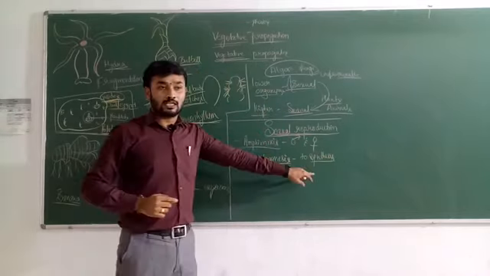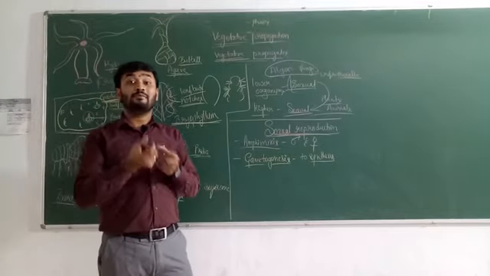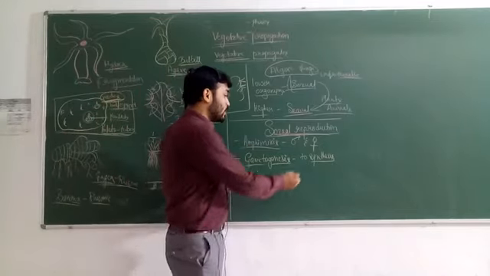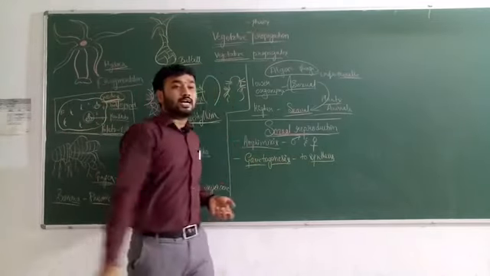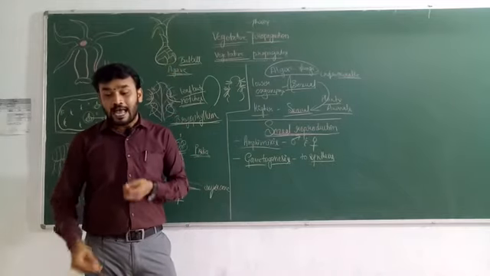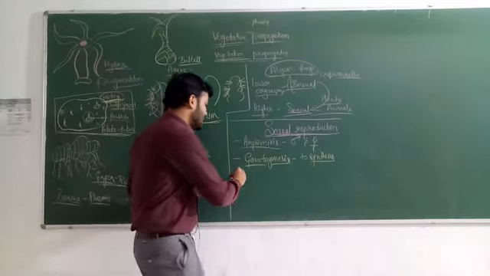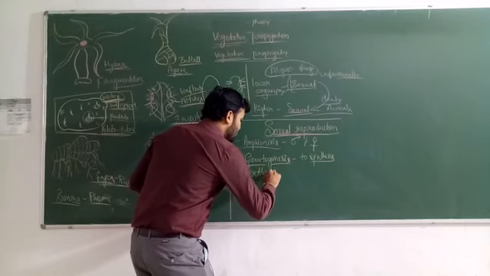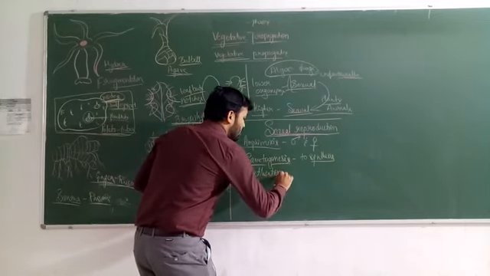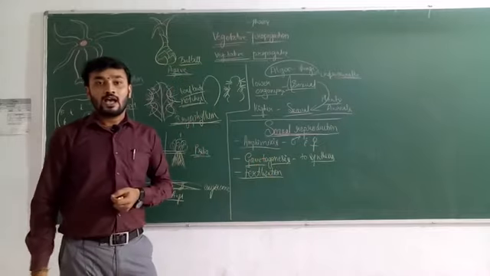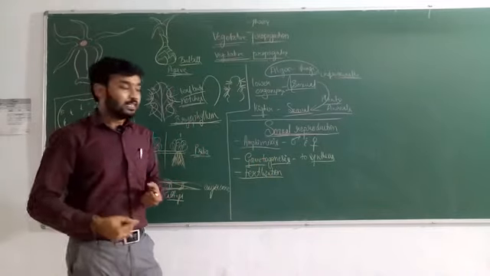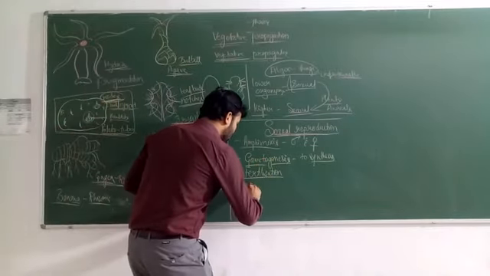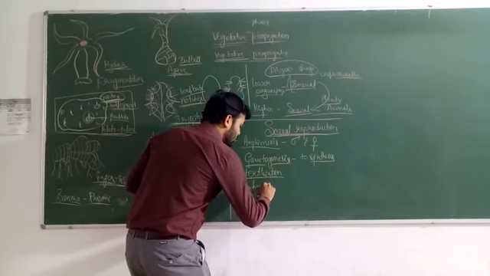In the reproductive structures, when they attain maturity, they will produce the gametes. That process is called gametogenesis. After gametogenesis, there is a gamete transfer and that leads to the fusion of gametes by a process called fertilization. After the fertilization, that leads to the embryo development, which is called embryogenesis.